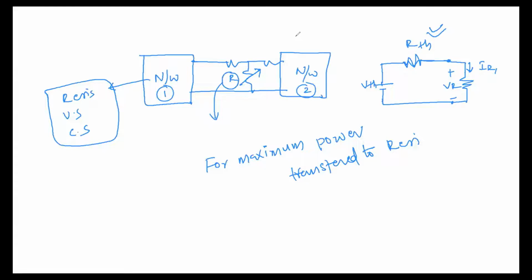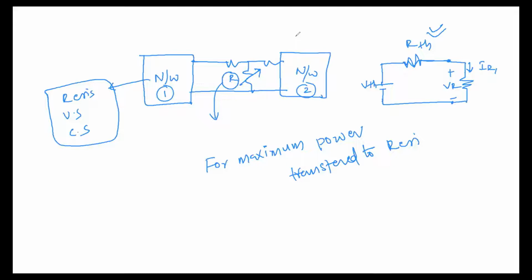This is one thing we know. But now, in order to transfer maximum power from the big network to the resistor, what must be the resistance value is the point.